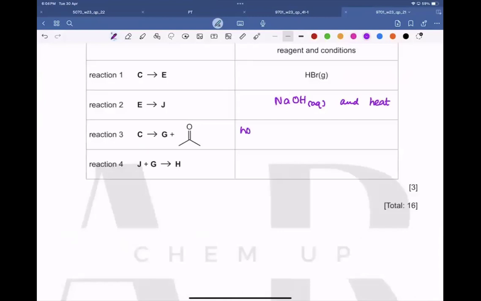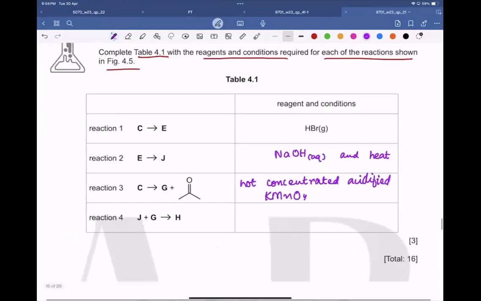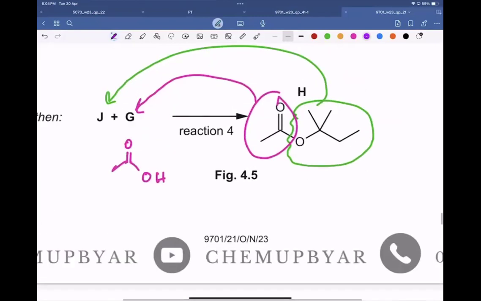So hot, concentrated, acidified KMnO4 is used. Now G plus J reacts to form H. So if you recall, for this reaction, it's an esterification. We need sulfuric acid as a catalyst and heating, right?